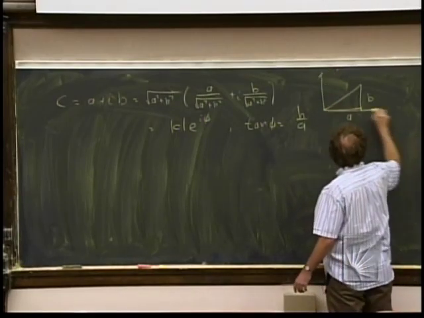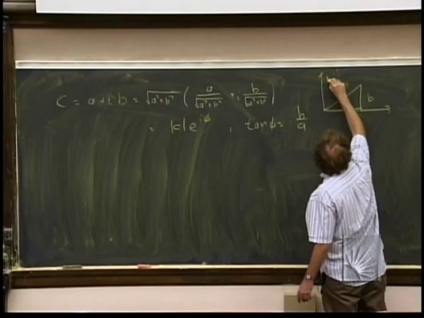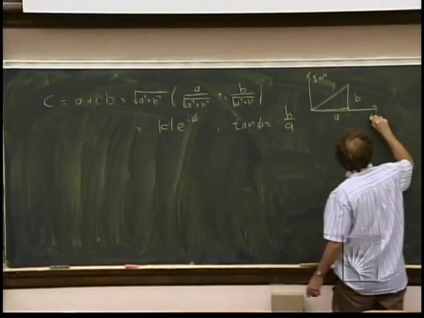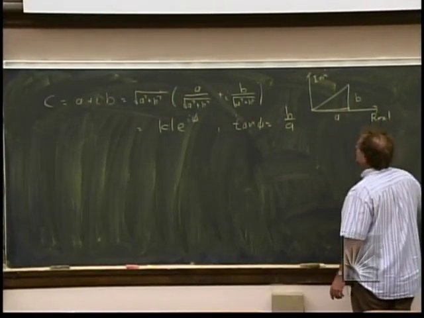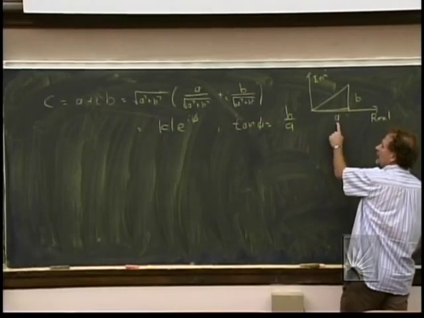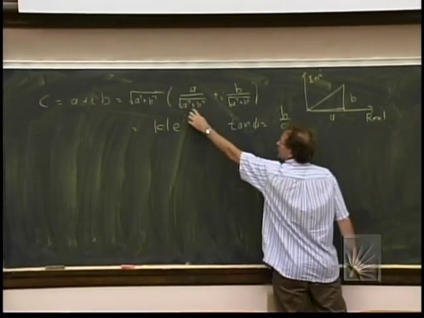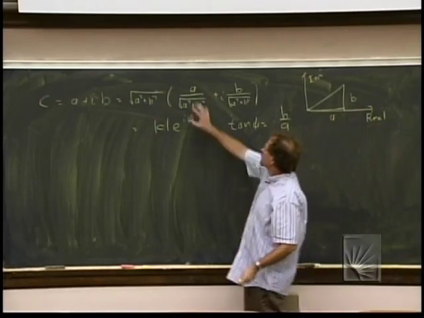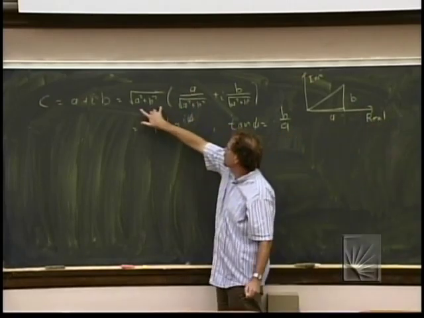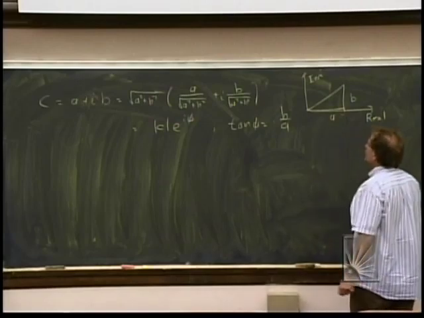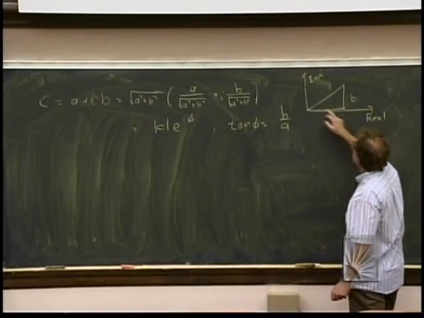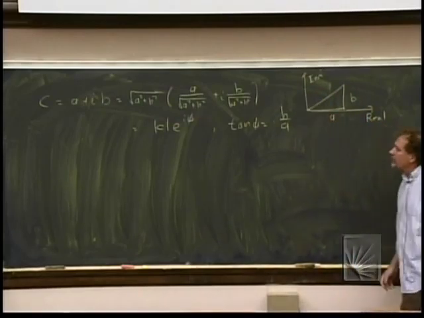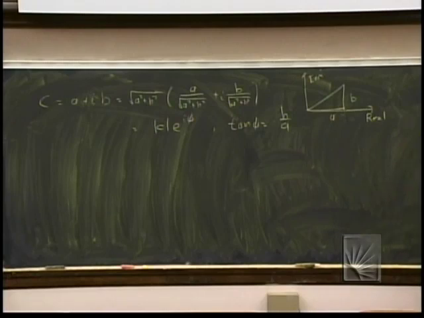And if you want, and I didn't really emphasize this, this is the imaginary axis and this is the real axis. So in other words, there's a length a over the square root of a squared plus b squared in this direction. That's sort of a direction cosine. That's the overall length of it. And similarly, the imaginary intercept is there.